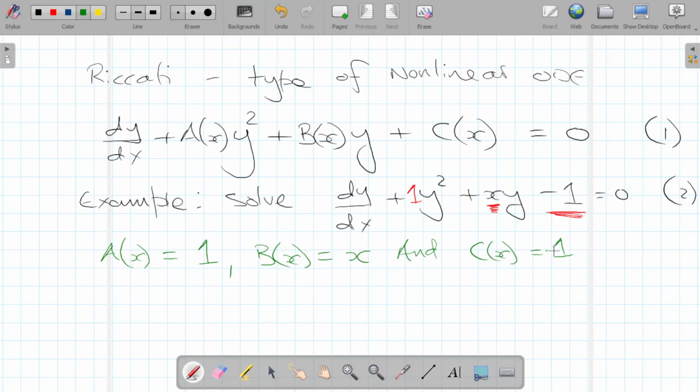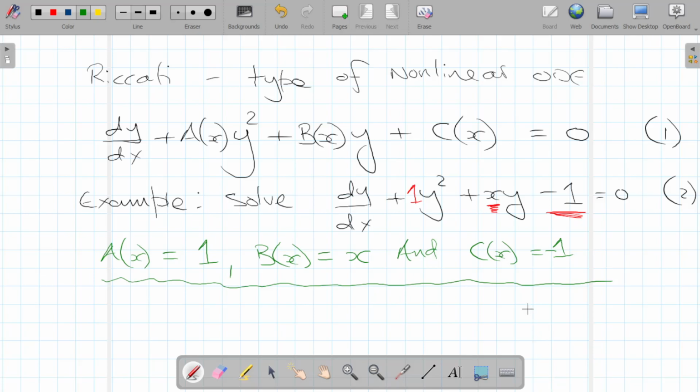So we should have a minus sign there. Is that term there, minus 1?